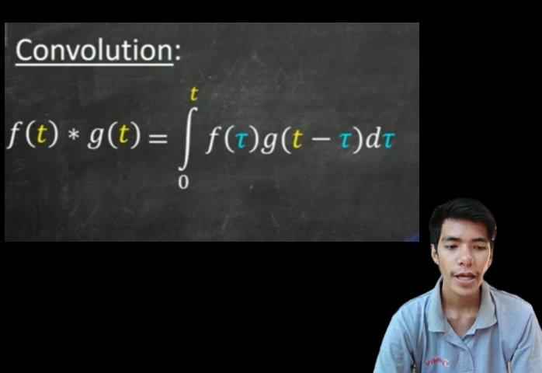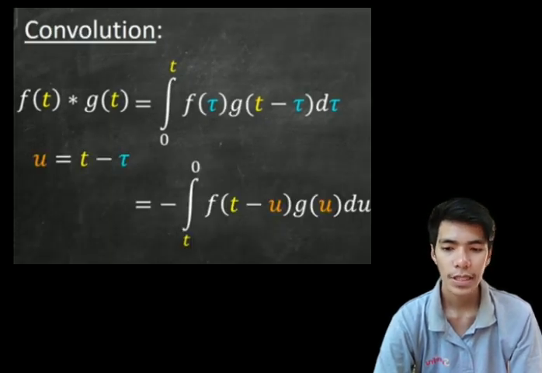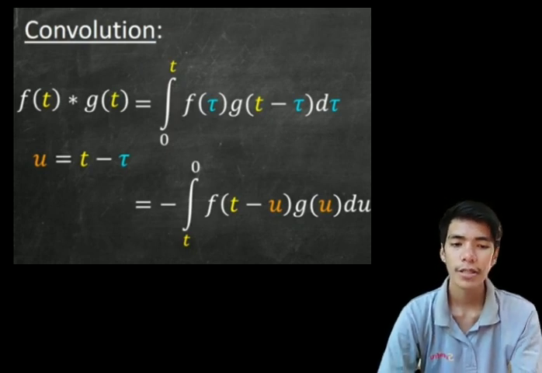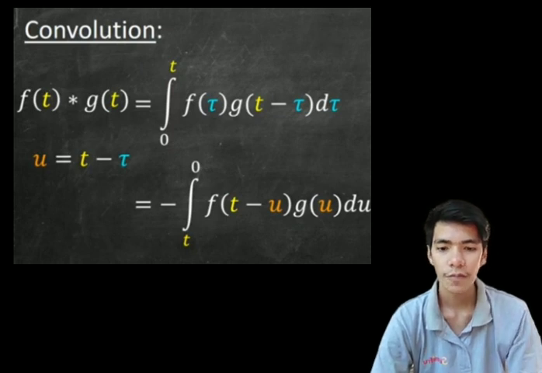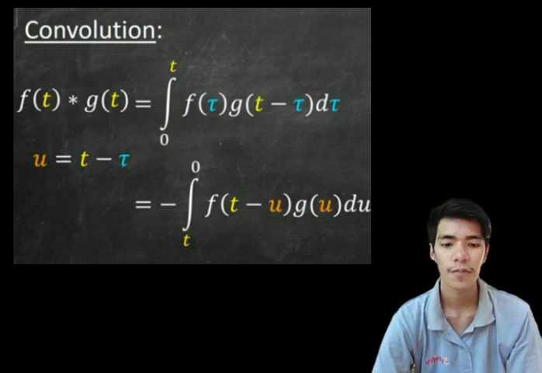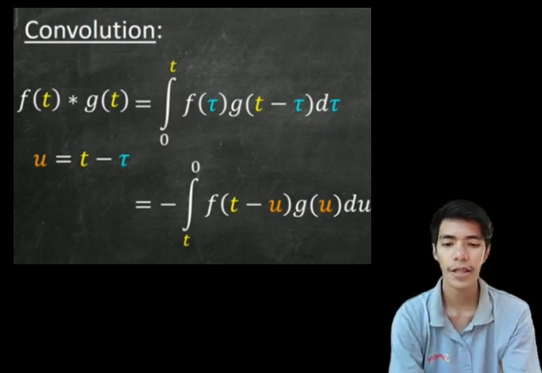I'm going to define a new variable u, which is the difference, t minus tau, and I'm going to take the change of variables and plug it in. If I do that, it gives me the following. The g of t minus tau turns into g of u. The f of tau turns into f of t minus u.